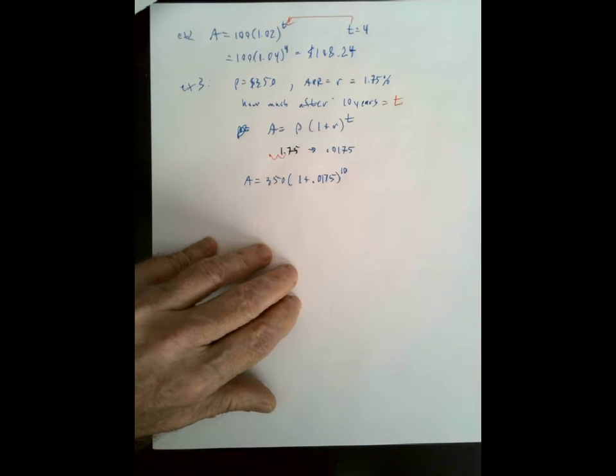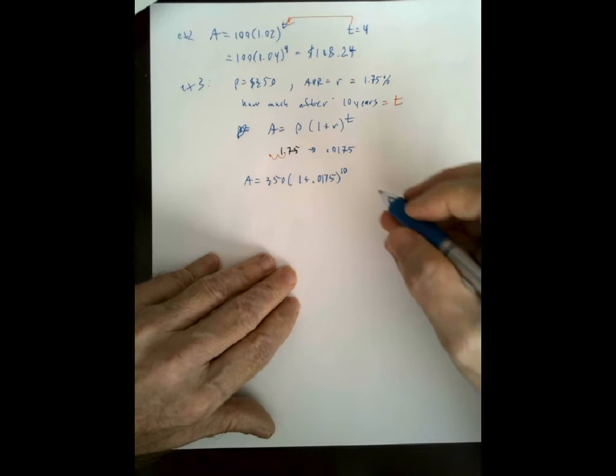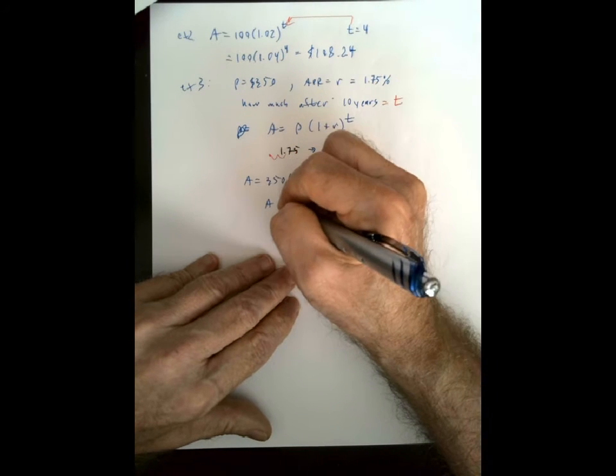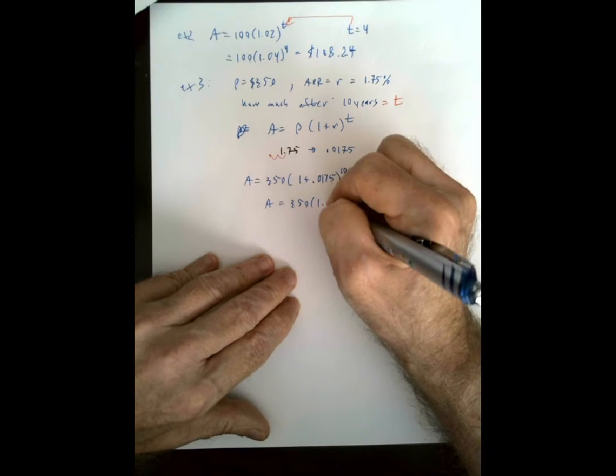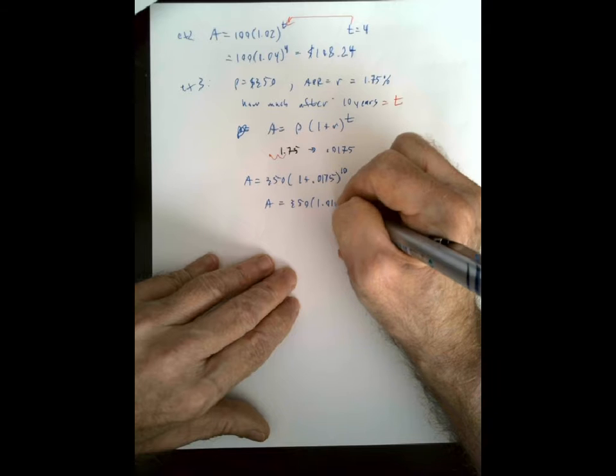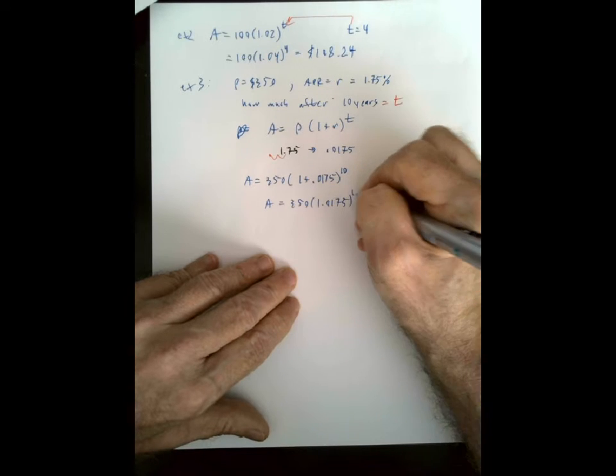And so you can see right off that the amount is 350 times 1.0175 to the 10th power.